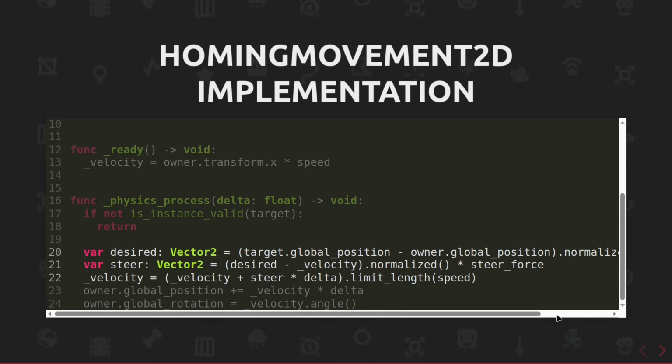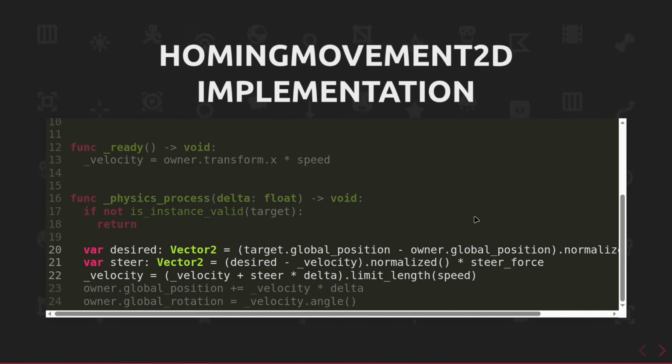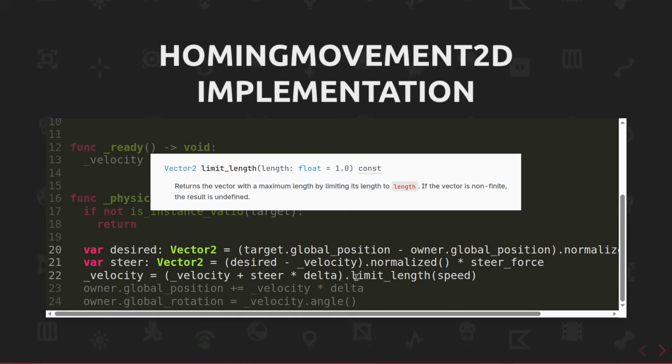Now, with this, what can happen is that we end up with a longer length vector than would be possible based on our speed. Because if you remember, our speed variable is capped at 400. And it should move at a linear speed, right? So what we do is we call vector to that limit length and pass in the speed as a parameter.